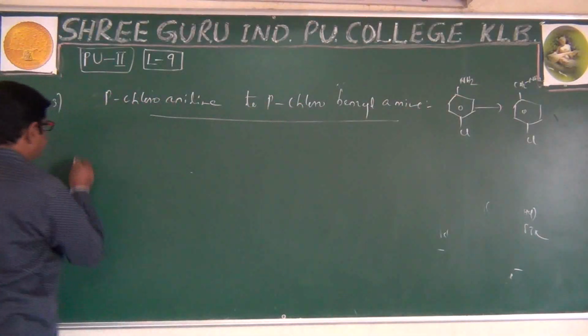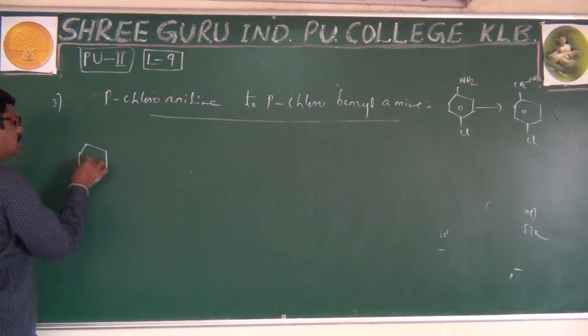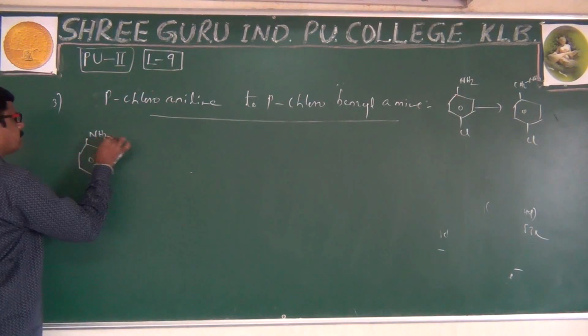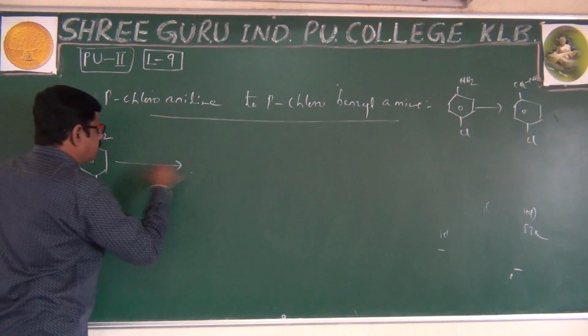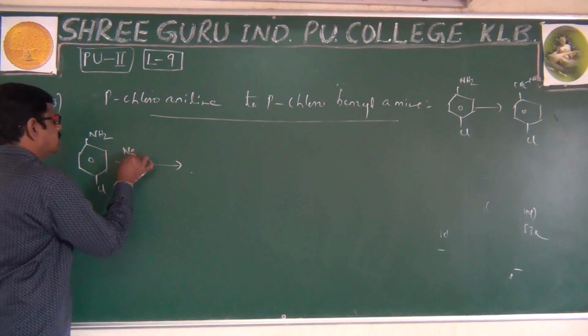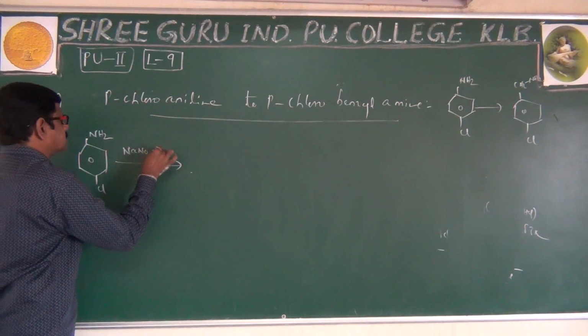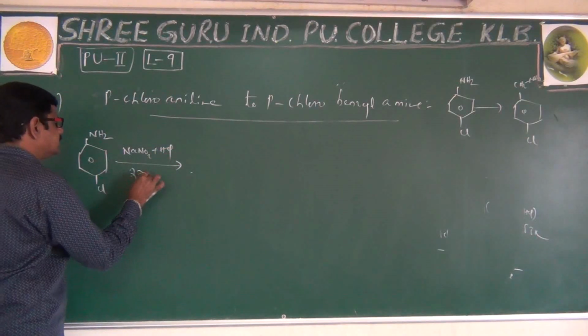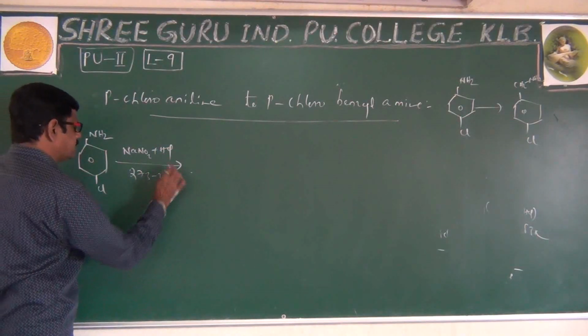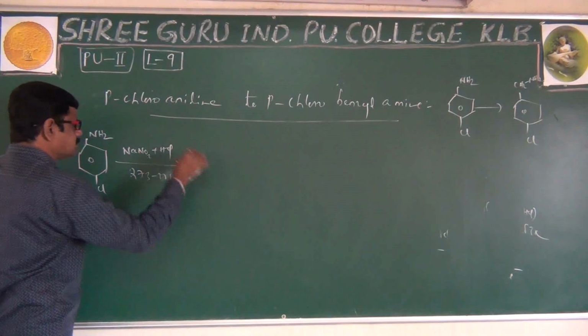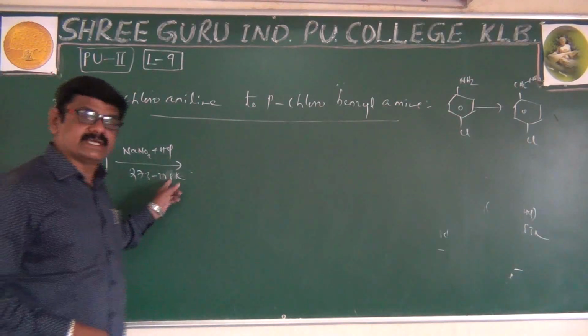We'll write the structure. Parachloroaniline undergoes diazotization with NaNO2 and HCl at 273 to 278 Kelvin.